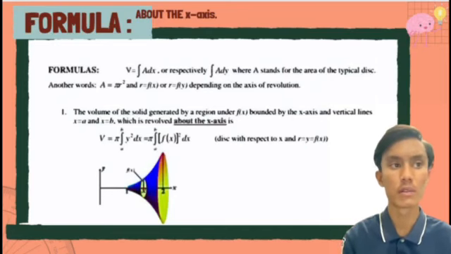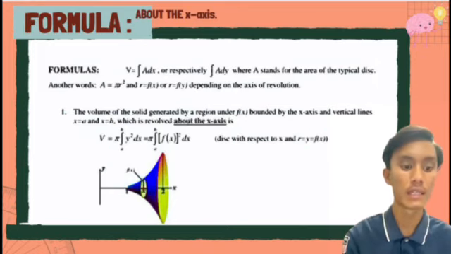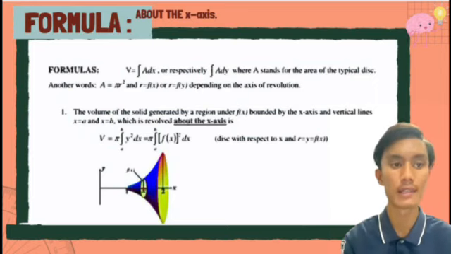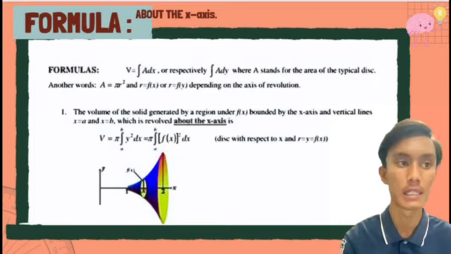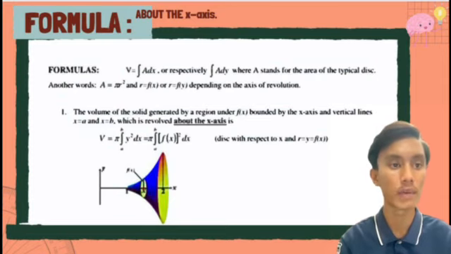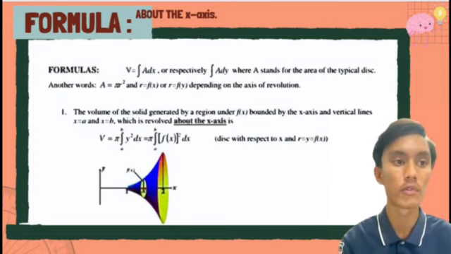And then, I will talk about formula about the x-axis. The formula V equal integrate A dx or respectively integrate A dy, where A stands for the area of the typical disk. In other words, A equal pi r power 2 and r equal f(x) or r equal f(y) depending on the axis of revolution.